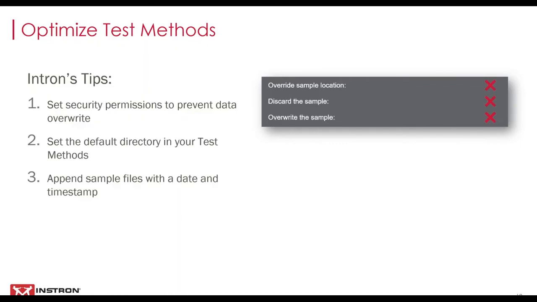And then finally, overwrite the sample, the last permission. This permission allows a user to save the currently open sample with the save as option and enter a previously used sample name. This option overwrites the previously saved sample.